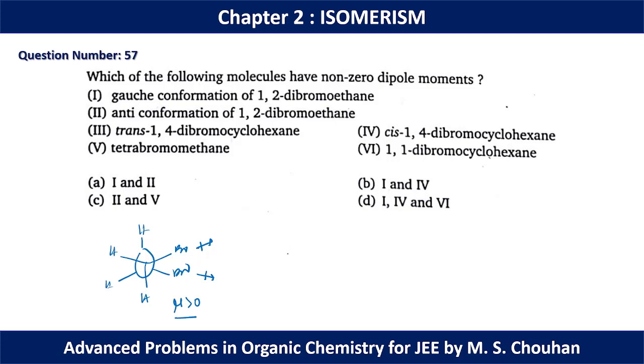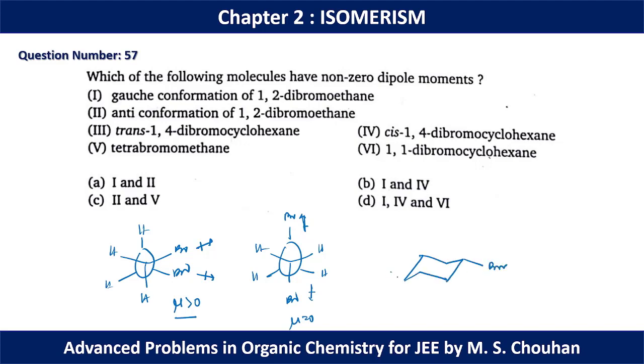The anti-conformation of 1,2-dibromoethane will look like this. We have bromine, we have bromine. Obviously these two dipoles will cancel each other and it will give a zero dipole moment. Trans-1,4-dibromocyclohexane will look like this.